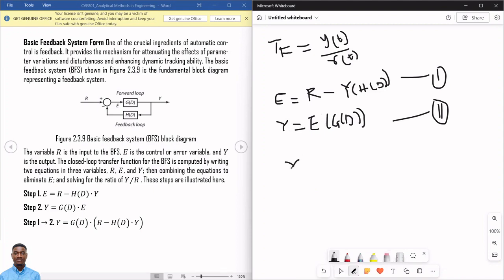So Y equals R minus Y H D dot G. Let me just rub this so that it will be clear.